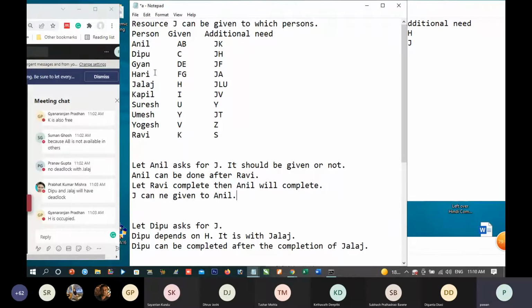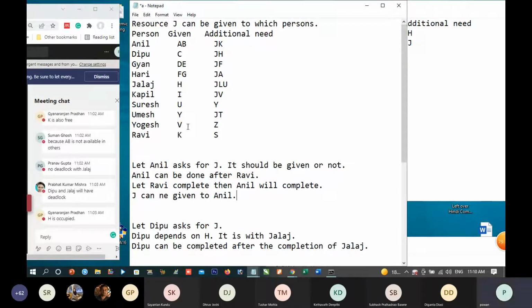Why should J not be given to Deepu? Because H is occupied, fine. H is occupied. It is with Jalaj. In the same logic, Anil will need K and K is also occupied at present.